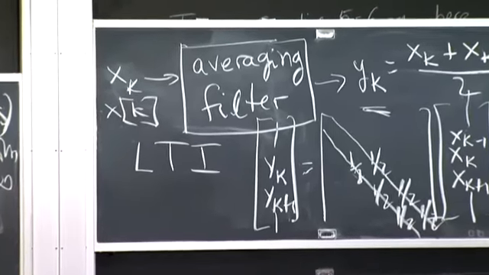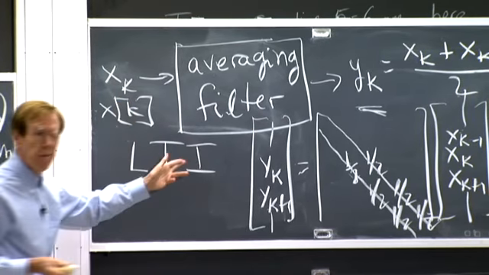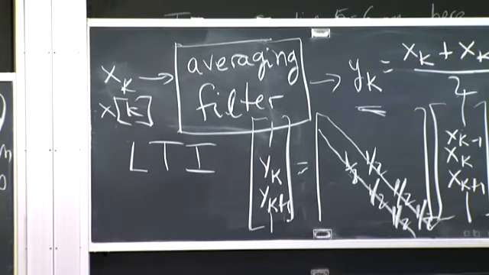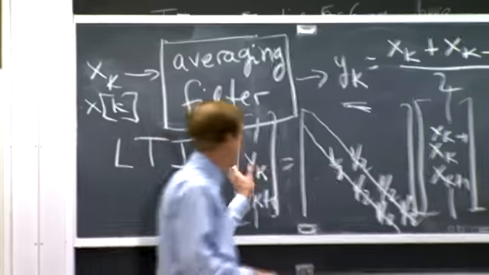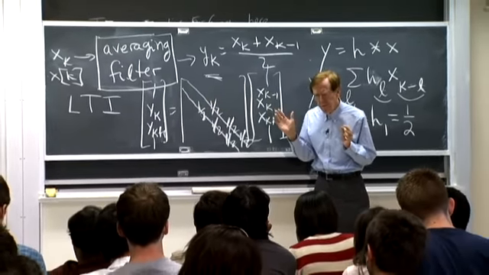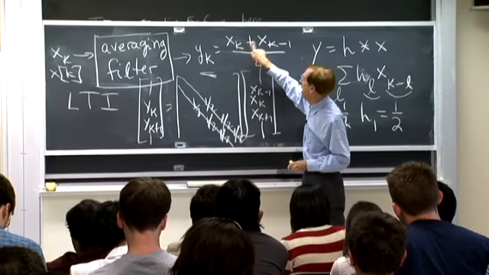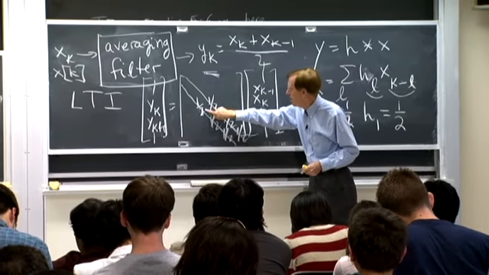So what does linear mean we understand, right? What does time invariant mean? Time invariant means that you're not changing the filter as the signal comes through. You're keeping a half and a half. You're keeping the formula. The formula doesn't depend on k. The numbers are just a half and a half.